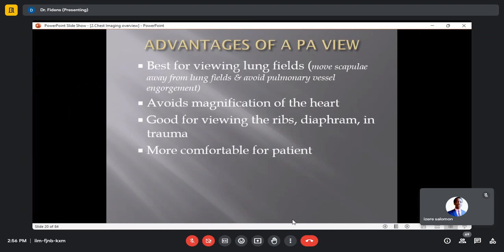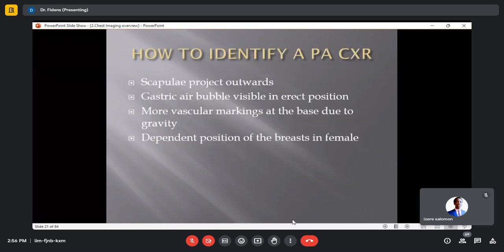Are you following? Okay. So this is very important: how can you identify if the film is PA or anteroposterior? There are some key points that we'll be using in rotation and reading X-rays.